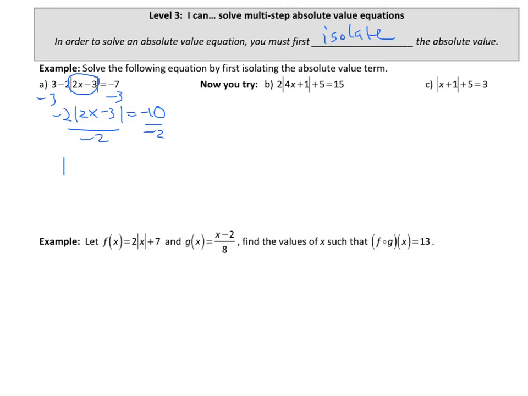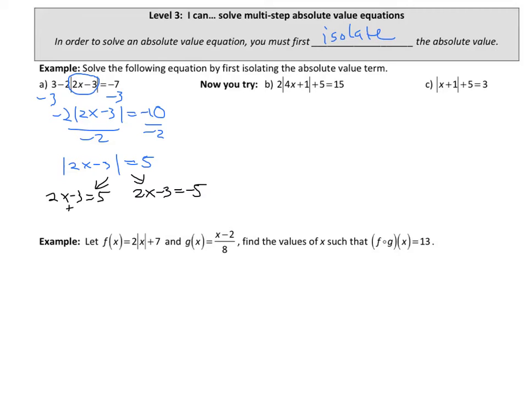And we get the absolute value of 2x minus 3 equals positive 5. And now I have the absolute value isolated. And then once you have it isolated, then you split it off into two separate equations. So my two separate equations are 2x minus 3 equals positive 5 and 2x minus 3 equals negative 5.